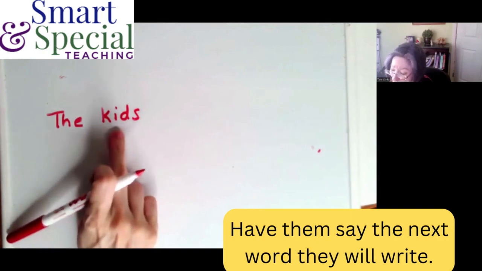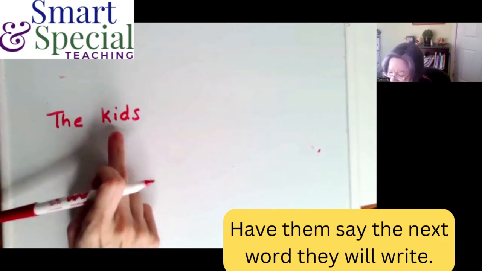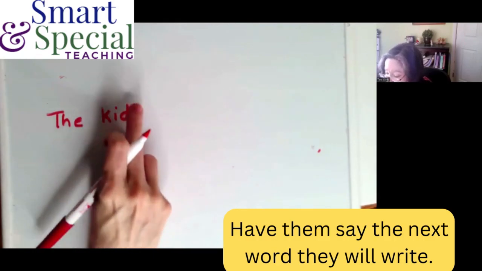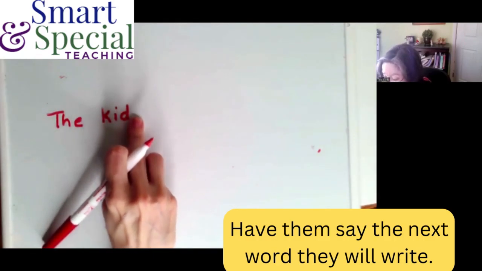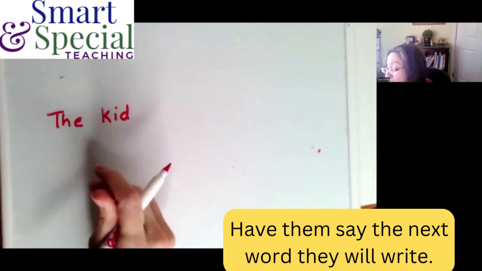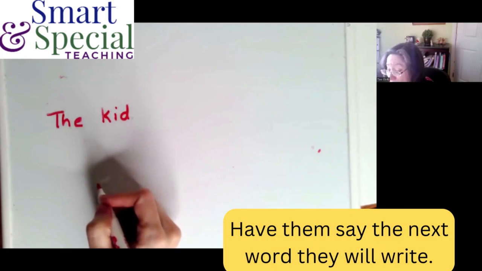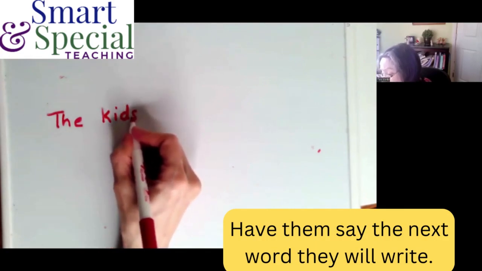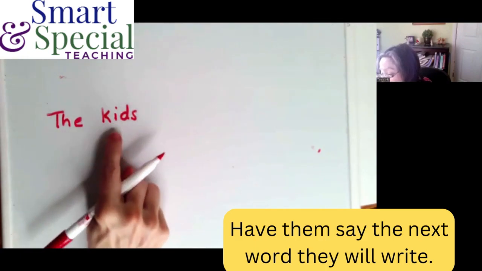They might not hear the D and the S because it gets kind of smushed together. So if they get confused with that, just say, what is one? We're going to have one kid. And if we have more than one kid, what do we say? Kids. So we're going to add the suffix s, and it says z, kids.